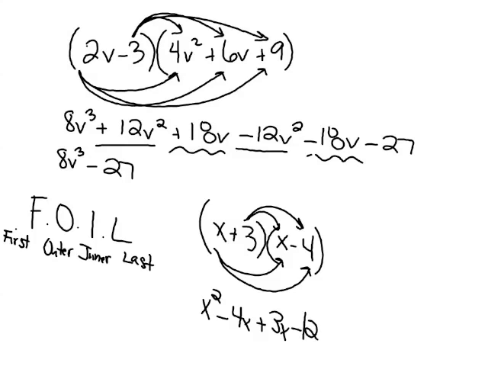Typically my two middles are going to combine: negative 1x. So I'll have x squared minus 1x minus 12. We're going to use the FOIL method a lot. First, outer, inner, last.